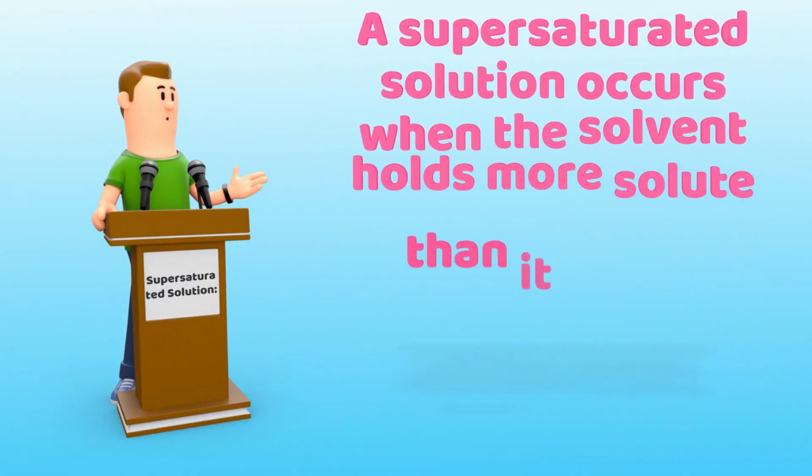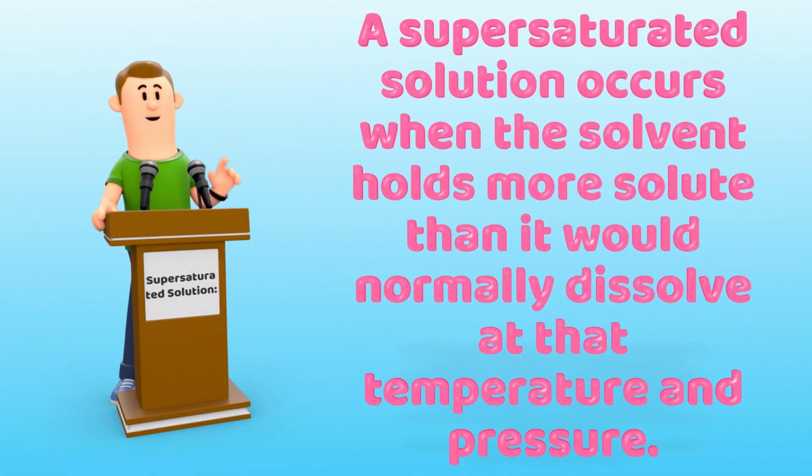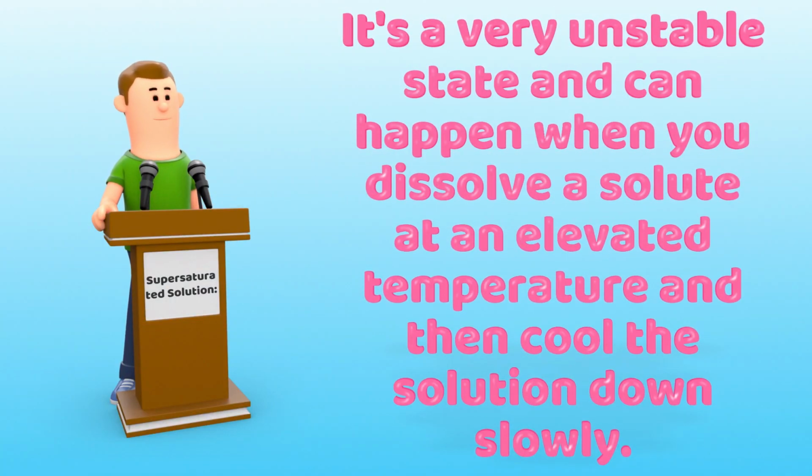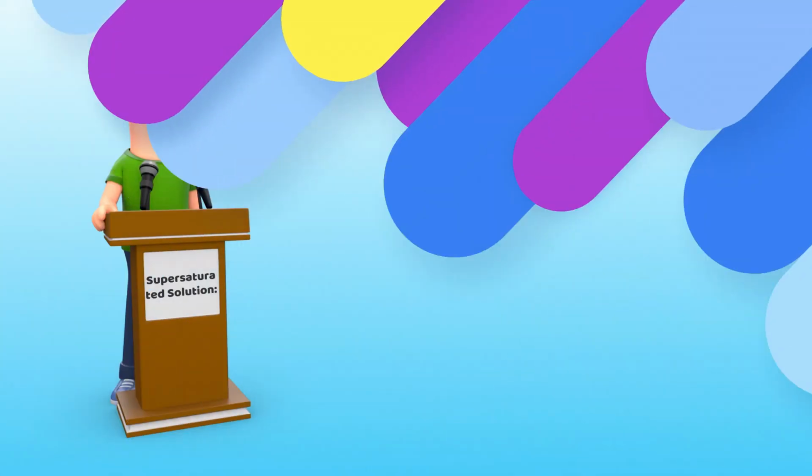A third type is supersaturated solution. This occurs when the solvent holds more solute than it can normally dissolve at a given temperature and pressure. This is a very unstable state and can usually happen when you dissolve a solute at an elevated temperature and then you cool the solution down slowly.